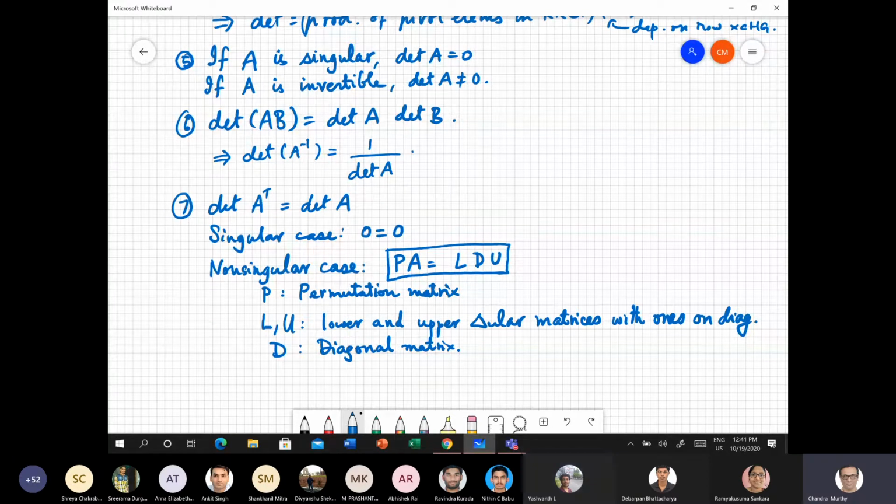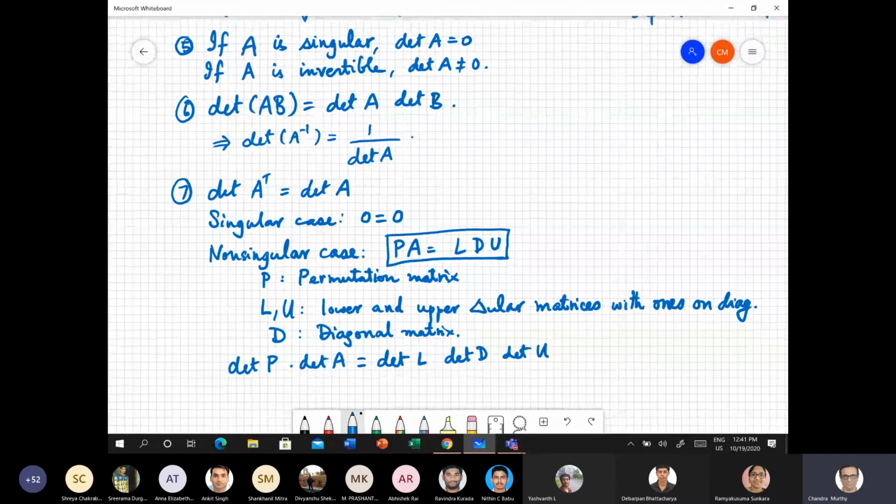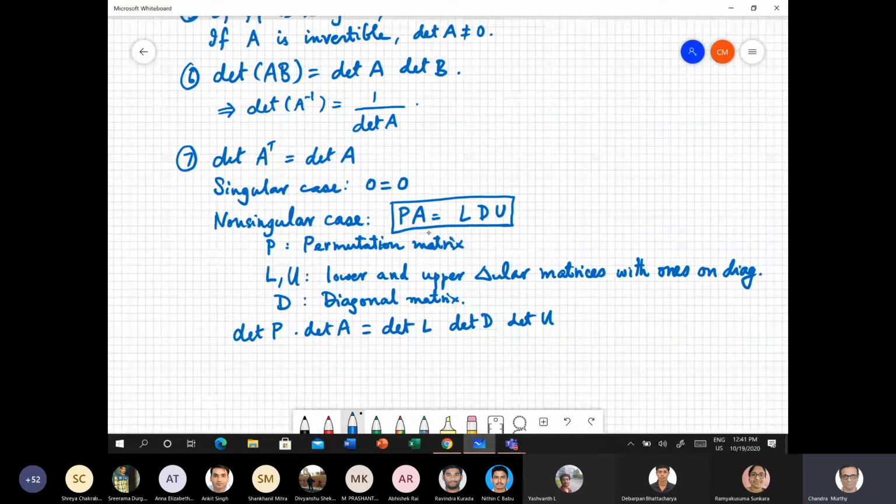So if I take the determinant on both sides of this equation, what I get is, because determinant of a product of two matrices is the product of the determinants, determinant of P times the determinant of A is equal to determinant of L times the determinant of D times the determinant of U. Now if I take the transpose of this equation, then that will read as A transpose P transpose is equal to U transpose D transpose L transpose.